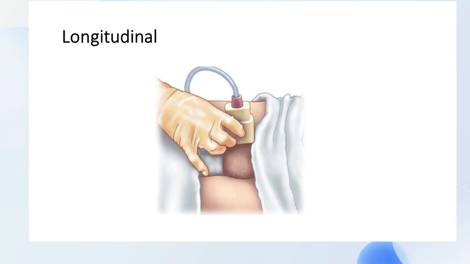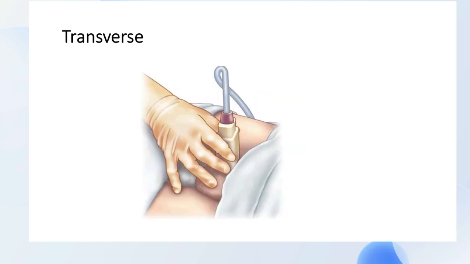If you want to visualize the left hemiscrotum, you push it this side. If you want to visualize the right hemiscrotum better, you move it further to that side. Again, you can move the probe caudally or cranially, up and down.